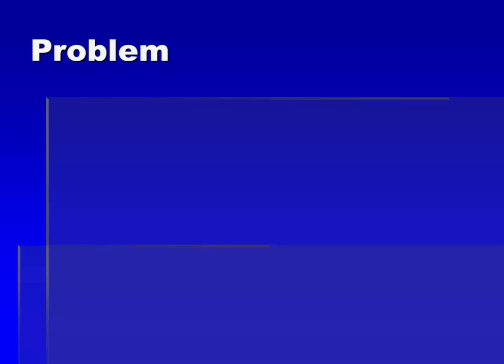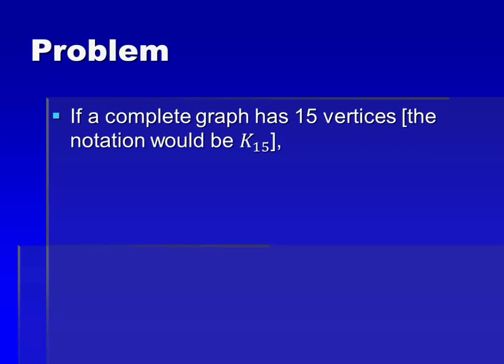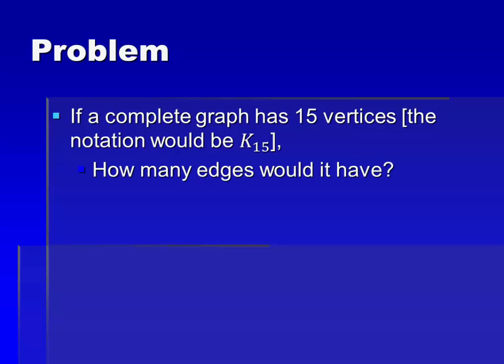Here's a problem from your book. Your book uses the notation K sub 15 to stand for a complete graph with 15 vertices. So how many edges will a complete graph with 15 vertices have? Well, it's going to be 15 times 14 divided by 2. And that gives me 105.